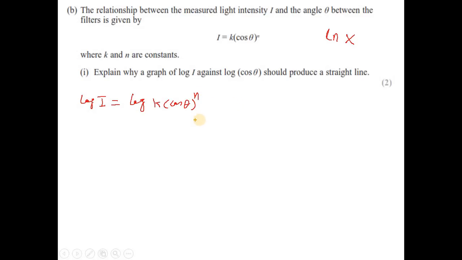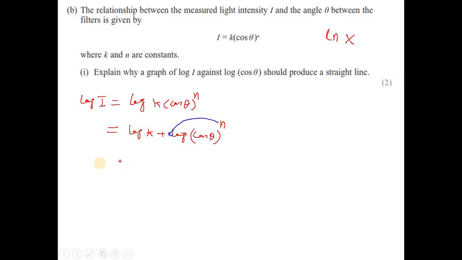So first we are going to apply the first law of logarithm. These two, k and cos of theta whole power n, are being multiplied in a single log. According to the first law, we can write these two as a sum. So log of k plus log of cos of theta whole power n, and then we need to apply the third law of logarithm. We need to bring this n down before the log here according to the third law.